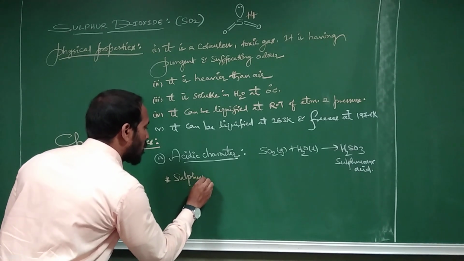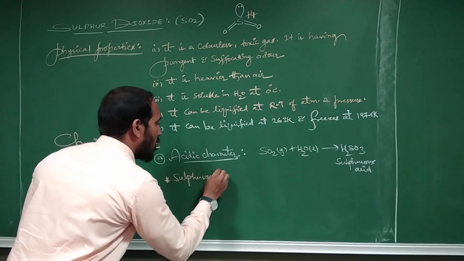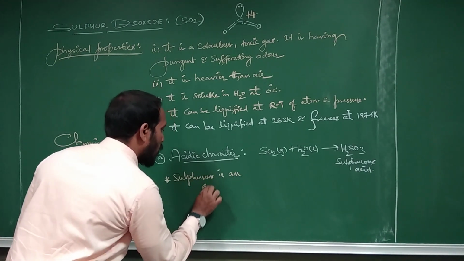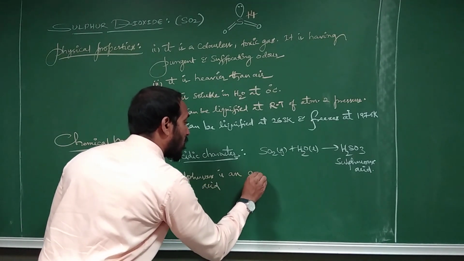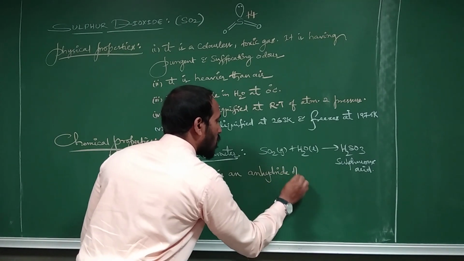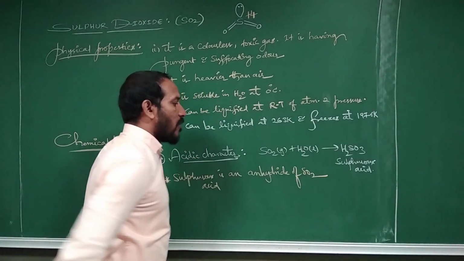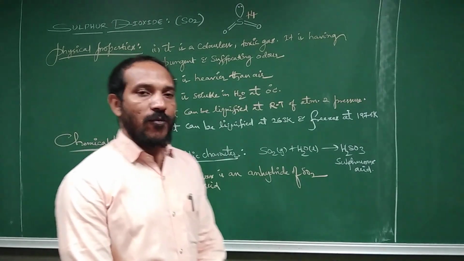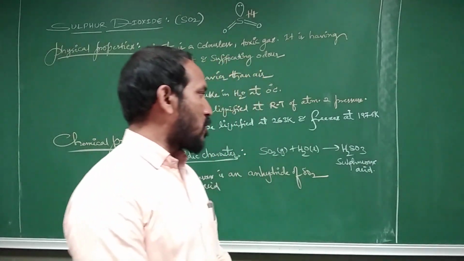Sulfurous acid is an anhydride of sulfur dioxide. Means when sulfur dioxide is dissolved in water, you will get H2SO3.